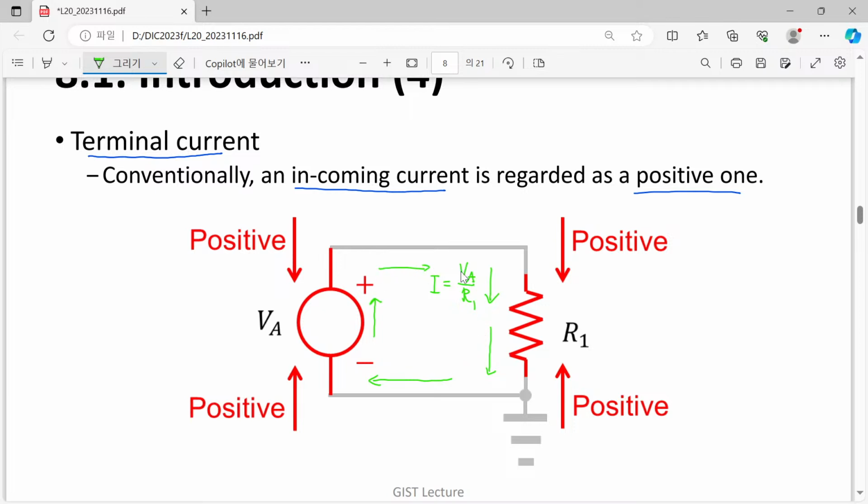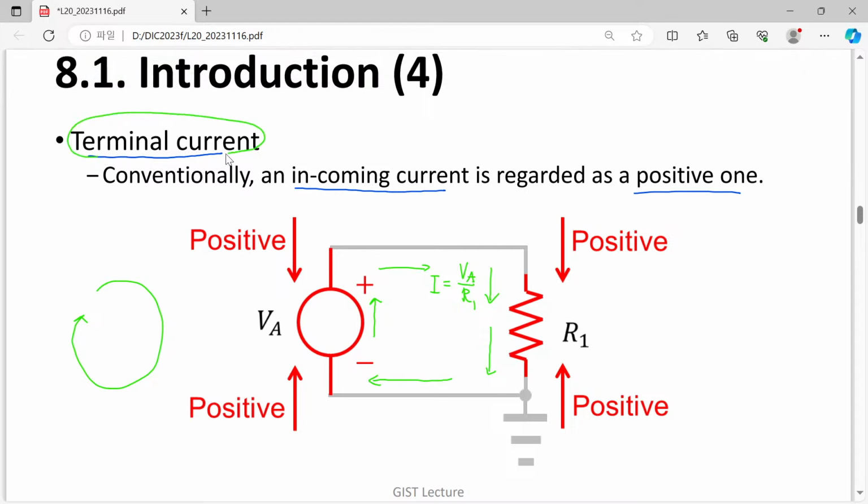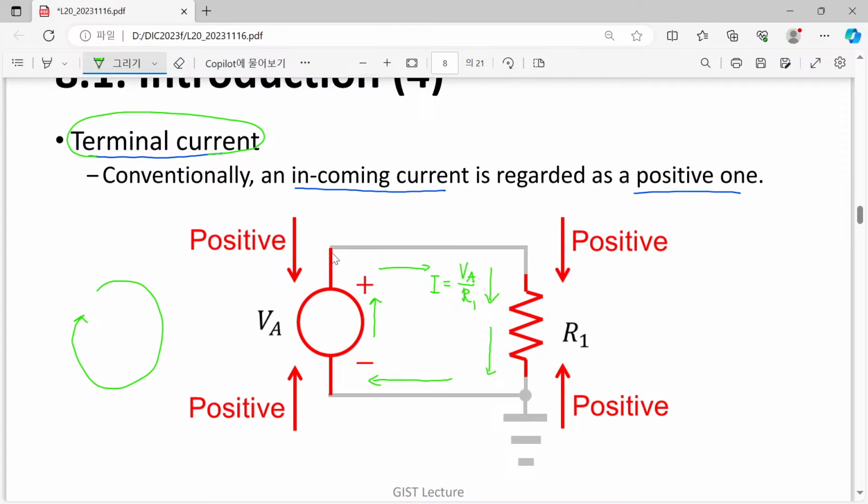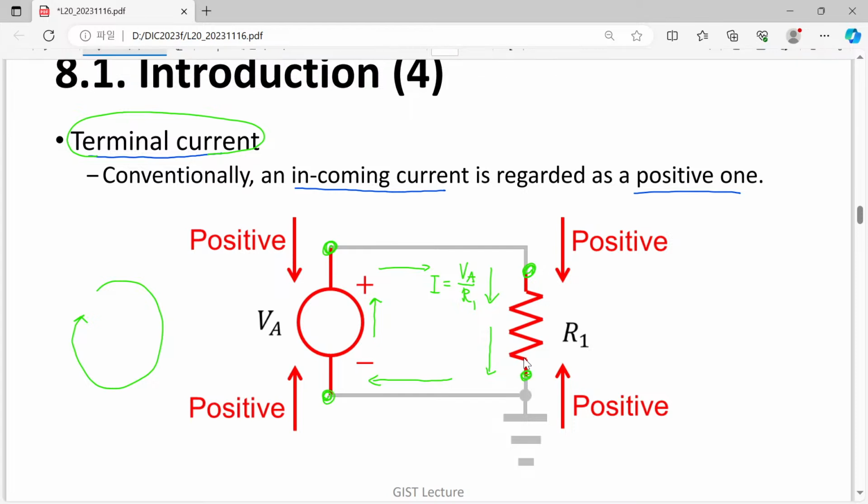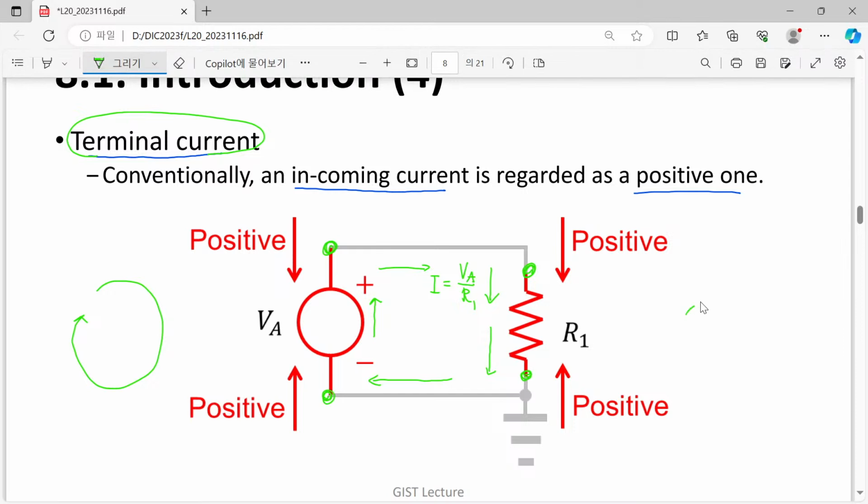There will be a loop of current. That is loop current. However, usually we want to ask this question: what is terminal current? It is not defined on this loop, but defined on each terminal of each element. So how can we determine this terminal current?